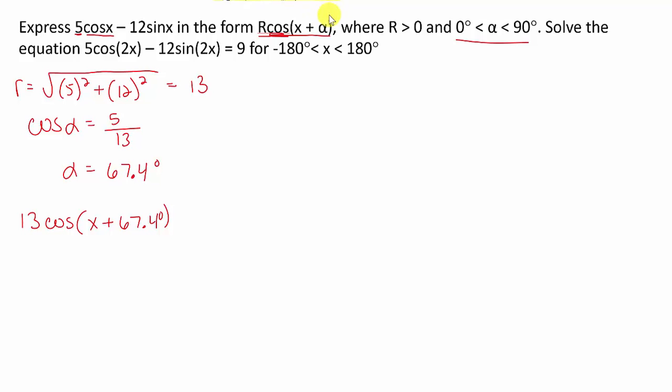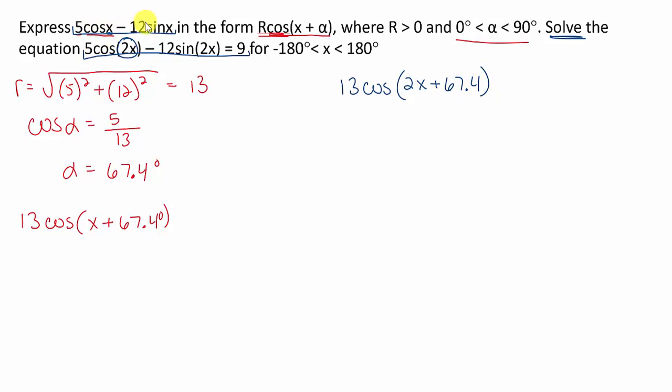Okay, I want you to look carefully at part 2. They're asking me to now solve this equation. So I want you to look at the difference between this and what we were given up here. The only difference is that they've taken this x and replaced it with 2x. So I can take this answer that I've gotten, 13 cosine, and I can replace my x with 2x, because that's all they did. Everything else was the same on that left side of the equal sign.